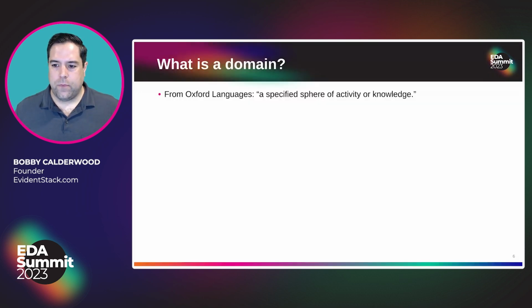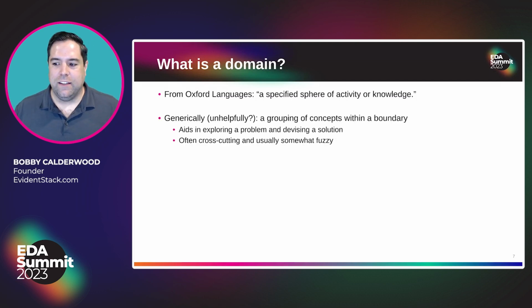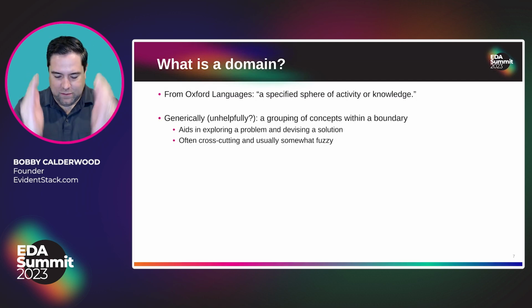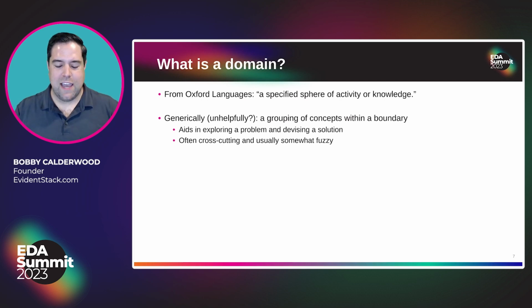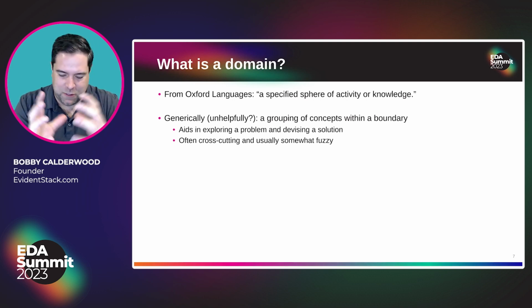So what is a domain? The dictionary definition is a specified sphere of activity or of knowledge, pretty broad, right? Generically, when you talk about software system design, it's a grouping of concepts within a boundary. This helps us shrink the problem we're trying to solve from the universe down to something tractable, right?